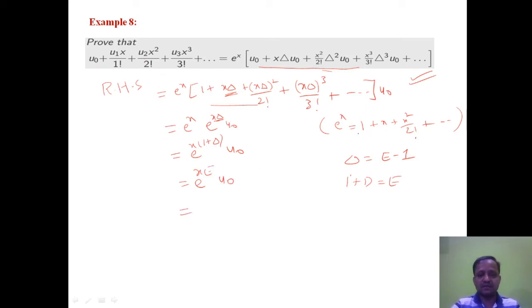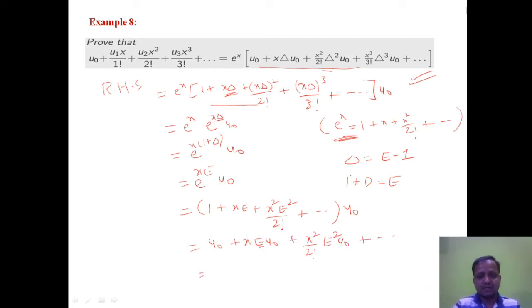So again we use this property: 1 plus xE plus x square E square by 2 factorial plus and so on, acting on u naught.